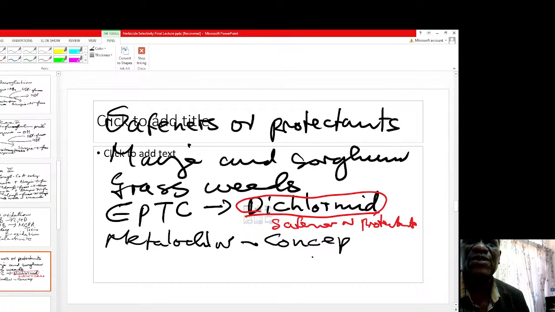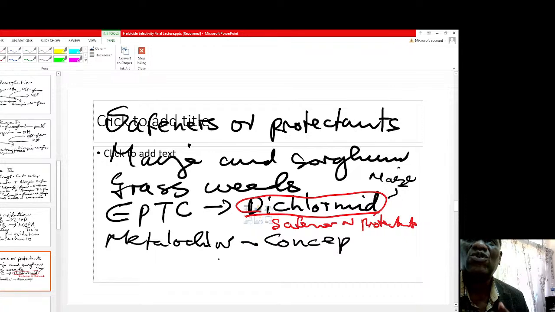It is important if you are growing sorghum. EPTC is for use in maize, right? But metolachlor generally doesn't kill maize, but it can kill sorghum.